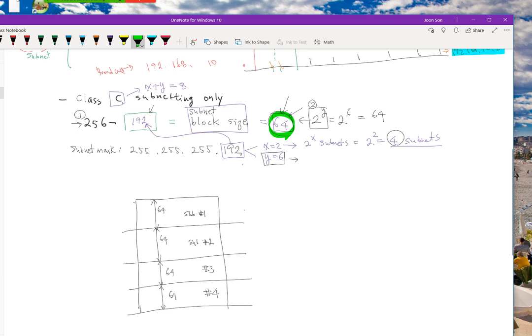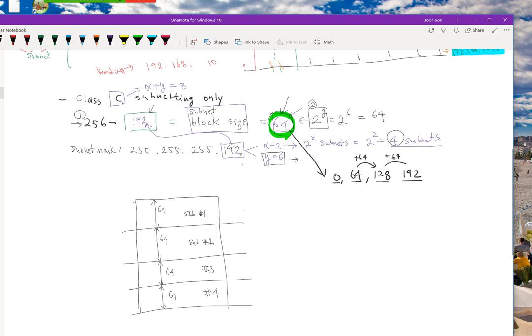So it's 0, then 64, then if you add 64 plus 64 you get 128, and when you add another 64, you get 192. So the network address for each subnet starts on this boundary.